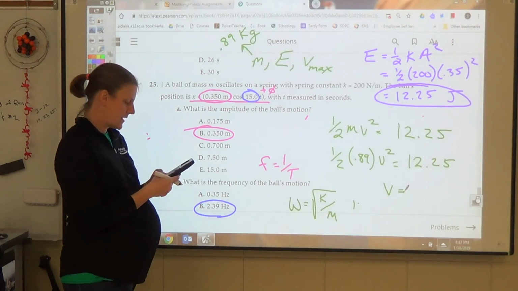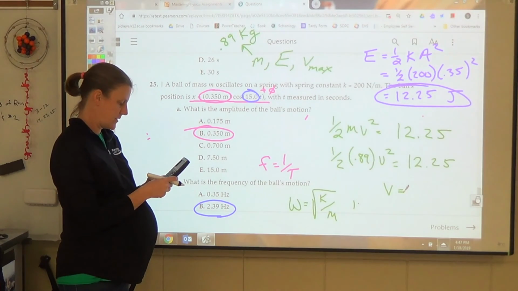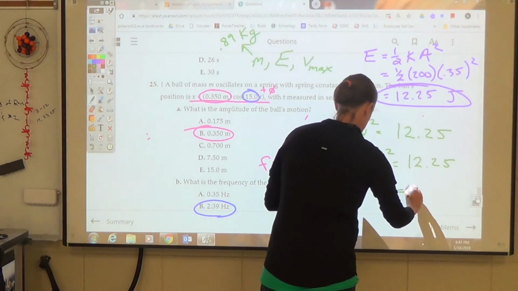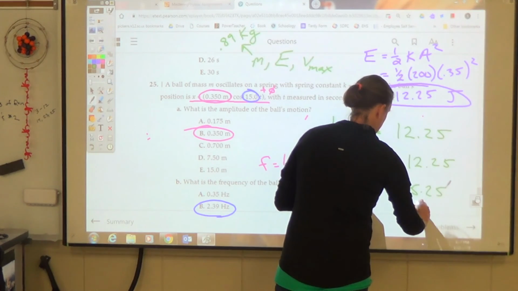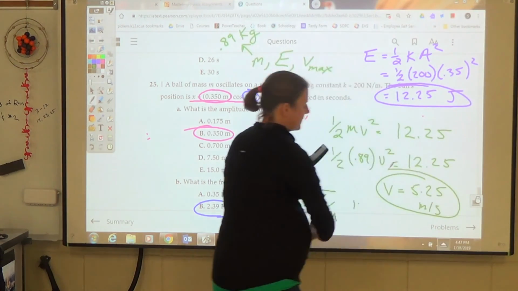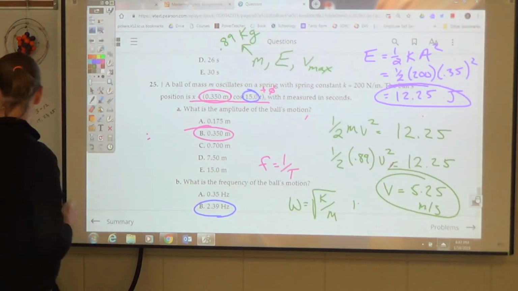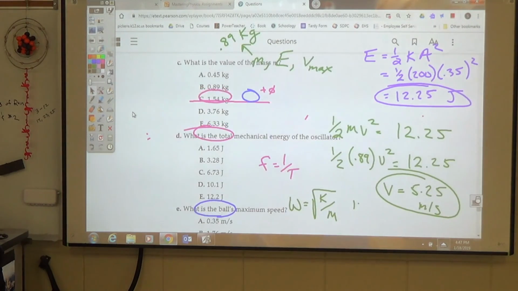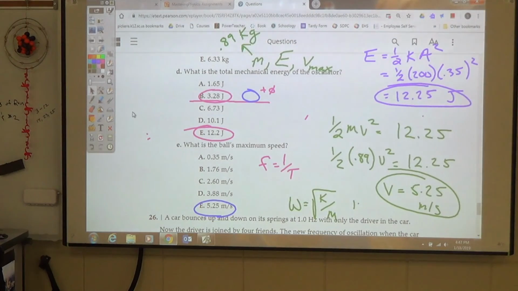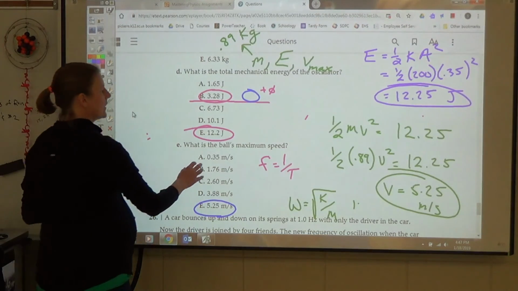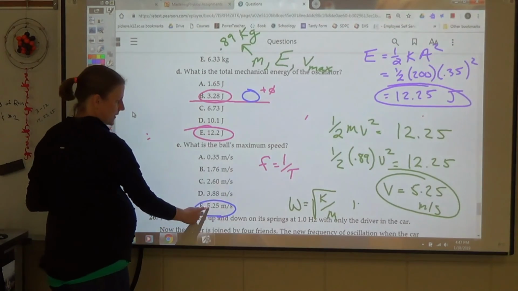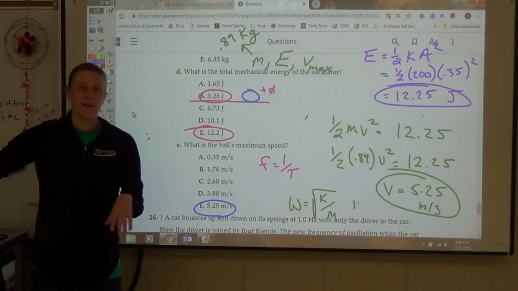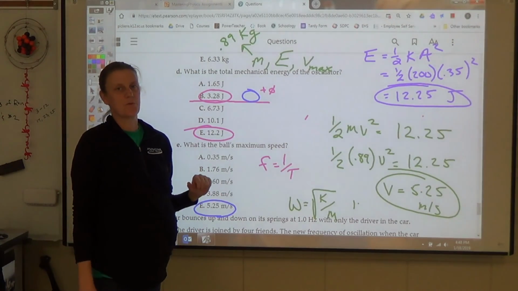Alright, so we have 12.25 times 2 divided by 0.89 and square root. So let's just double check that those are choices. Yeah. So 12.2 was a choice for my energy and 5.25 for my velocity. Okay, that is the end of the discussion questions for simple harmonic motion.